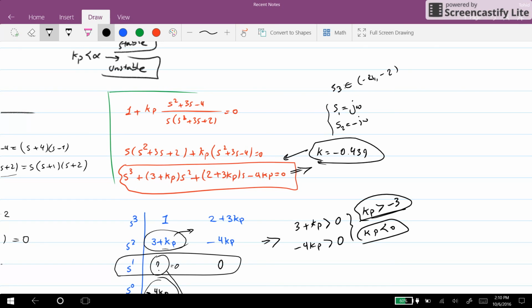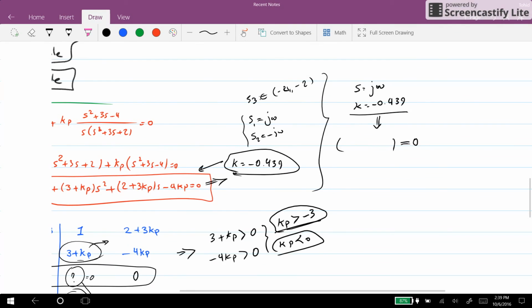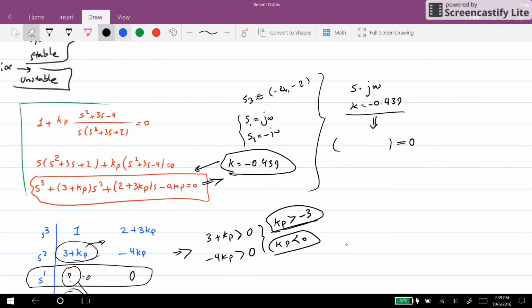That's one way of finding the value for the s. And as another solution, you can replace s with j omega, k with minus 0.439, and then set the characteristics equation equal to 0, for which the real part and the imaginary part should be equal to 0. So let's do it together.